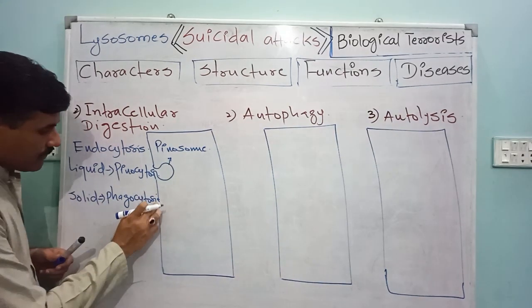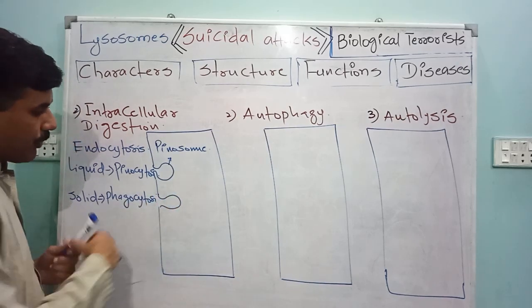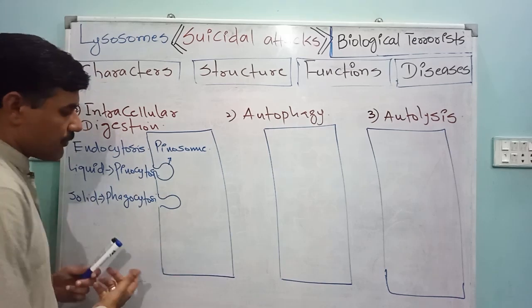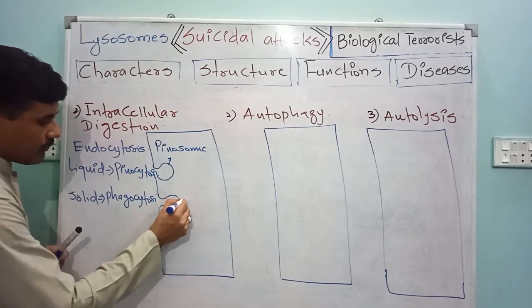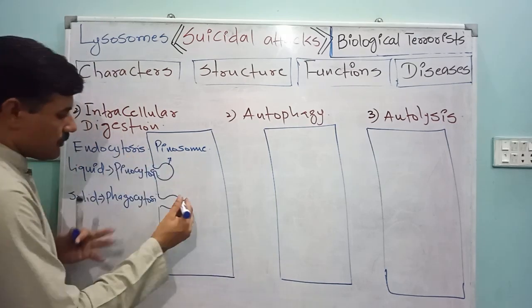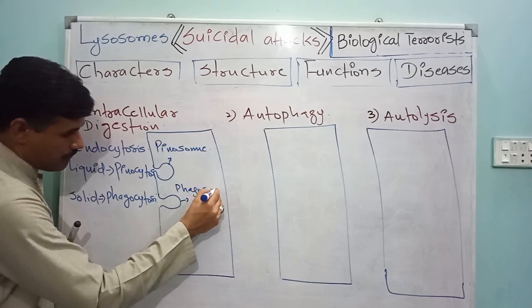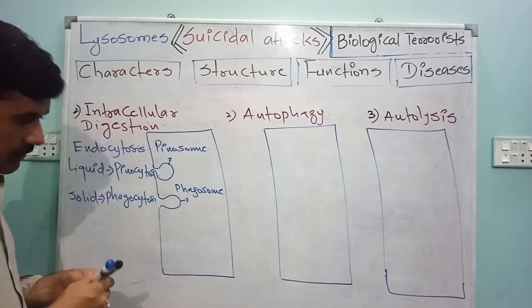It also causes the invagination of the plasma membrane, and finally forms a vesicle, a food vacuole, inside the cytoplasm, which is termed a phagosome.